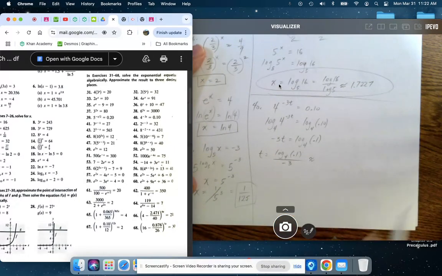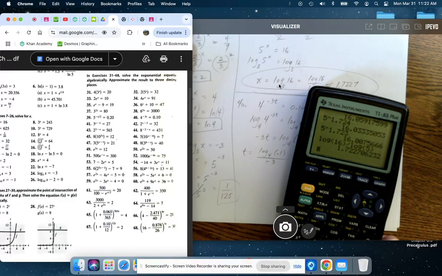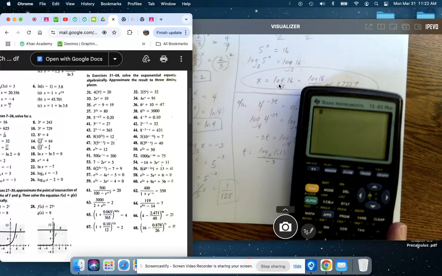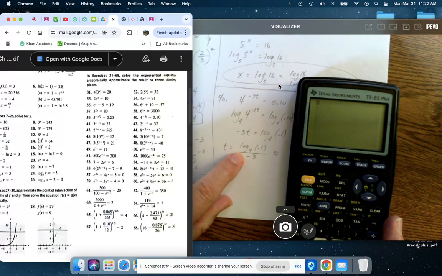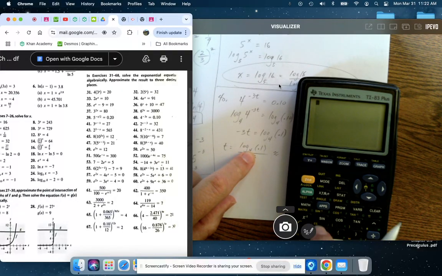Let's see what that is approximately. So using the change of base formula, for the top, I'm going to do log of 0.1 divided by log of 4.